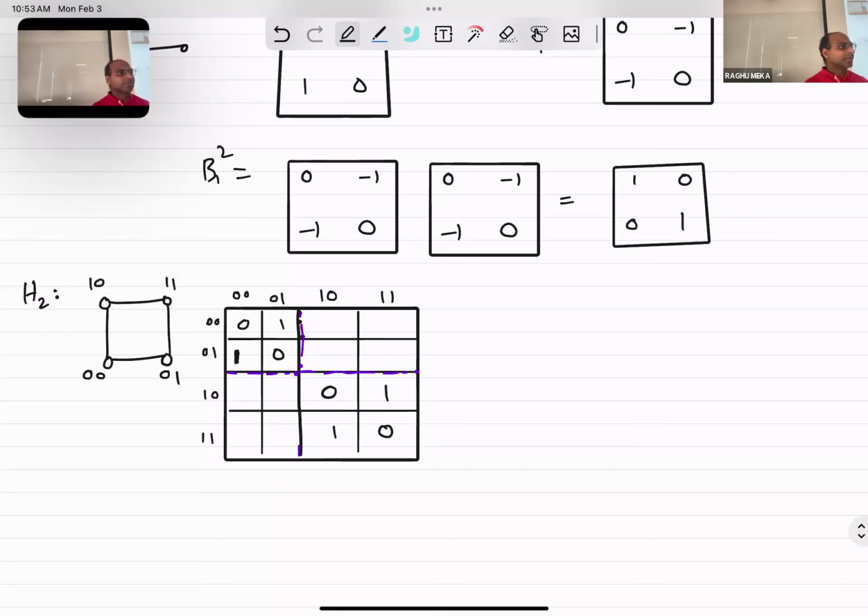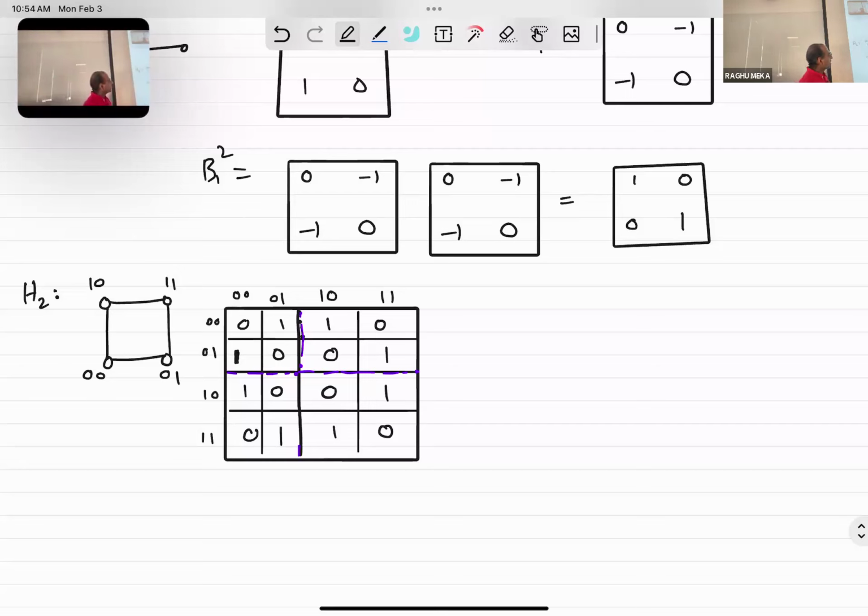How about the off diagonal blocks? How about 0, 0, and 1, 0? Will they be connected? Yes, because I'm changing the first bit from 0 to 1, but the other bit is staying the same. And I would get 1 here and 0 here, and the same thing here.